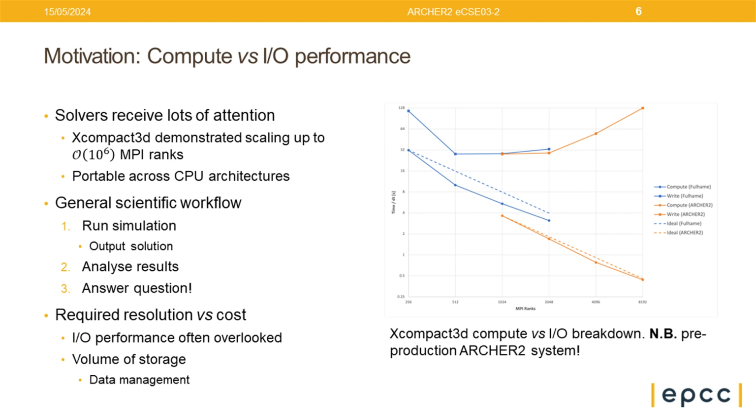However, what we can see is here we're not just doing compute, but we're actually writing data to disk. And if we look at the Fulham results, then initially we do get speed up as we increase the number of CPUs being used. However, we very quickly saturate the I/O system, and even though our compute portion of our code continues scaling, the total time taken to run the simulation levels off, and this is due to the impact of I/O costs.